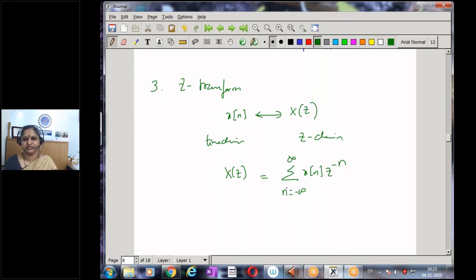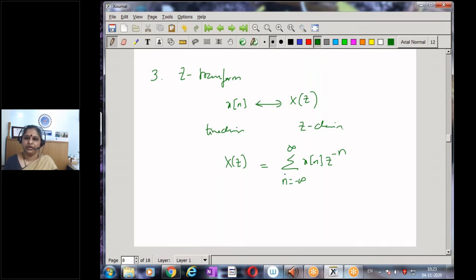Of course, the inverse Z transform also can be computed by using a suitable integral or by other methods. We shall see that later. For now, since we are focusing on representing the LTI system using the Z transform, this is what we shall consider.